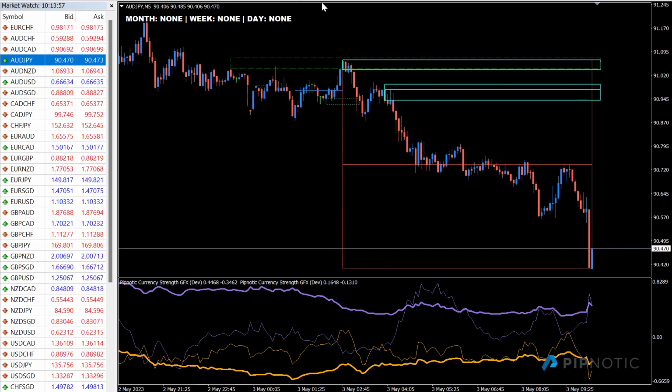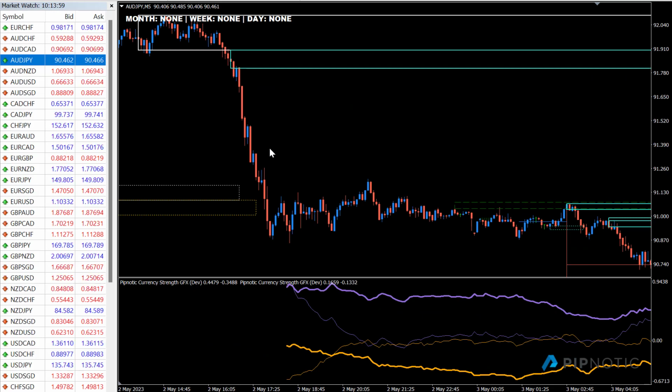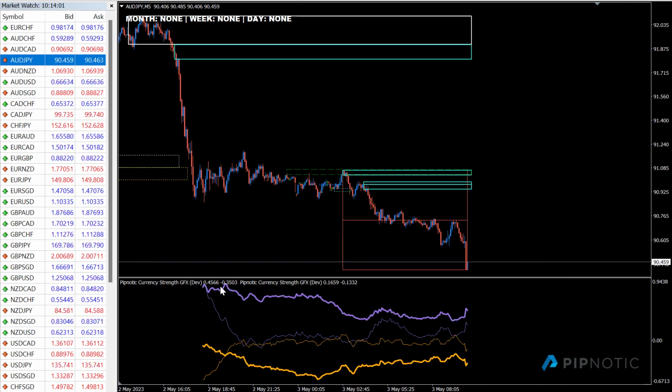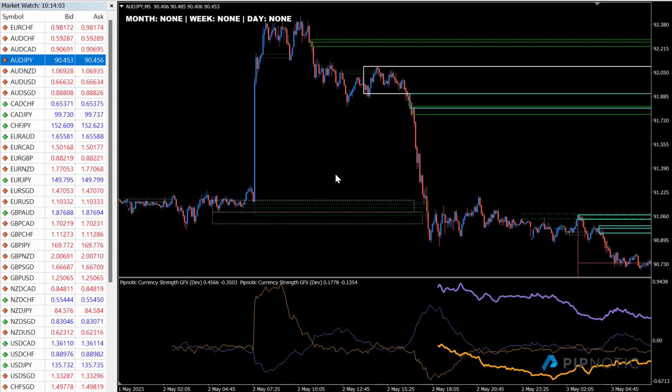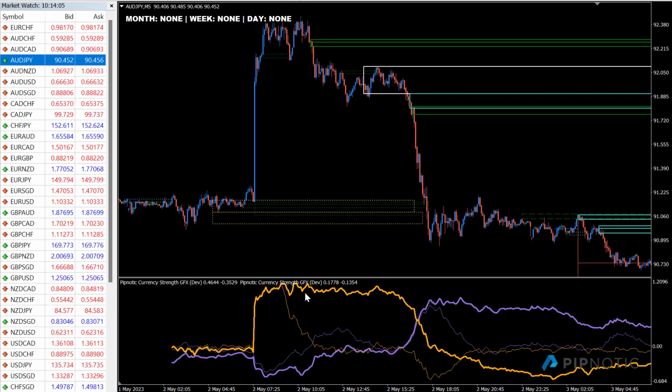If we go back a little bit, I want to see something that looks like this. I can't see all of it, I have to go back a little bit more. There we are. What I like to see here is the thicker lines diverge, and then I want to see the shorter term lines begin to move together.